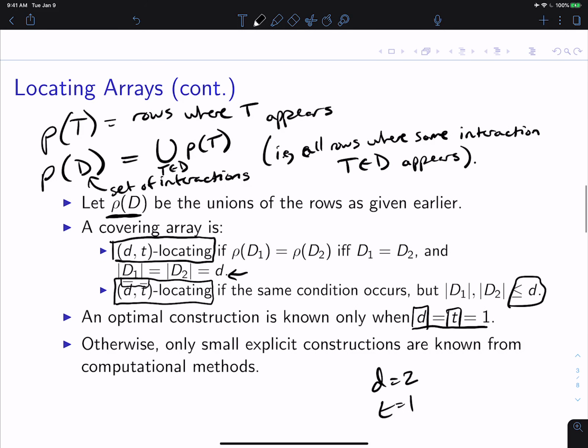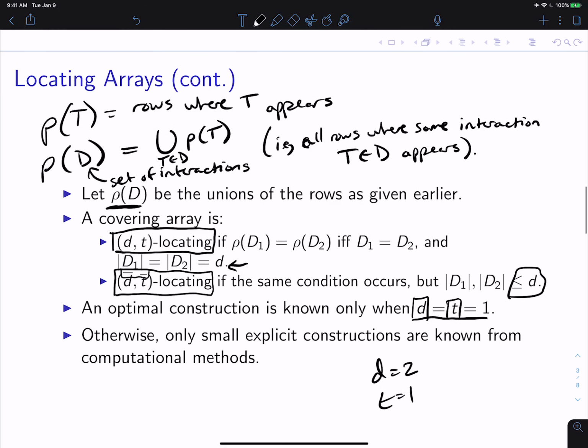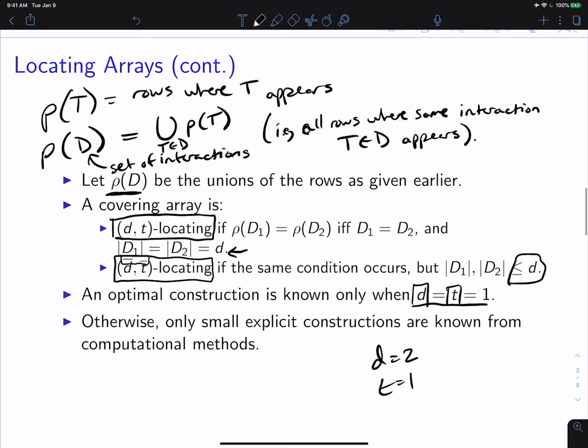Also, we're going to be reading about this paper in more detail in a real world context on Wednesday and Friday. But you may be thinking, locating arrays, the condition is actually quite complicated to check, because you have to make sure that every choice of D interactions is not appearing in the same rows as every other D set of interactions, which is quite computationally intensive.